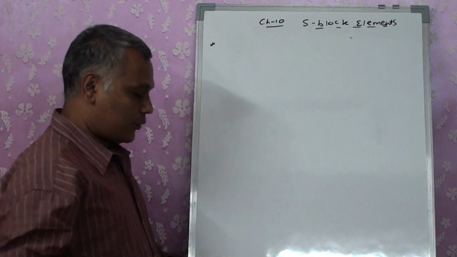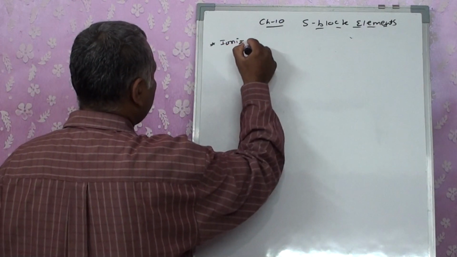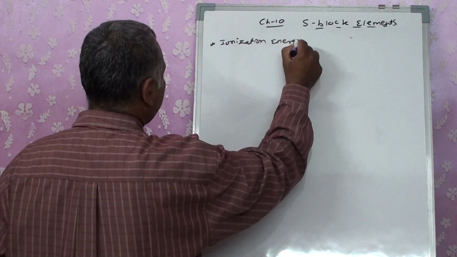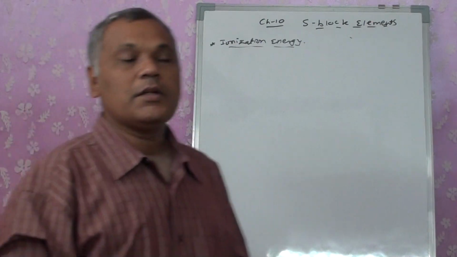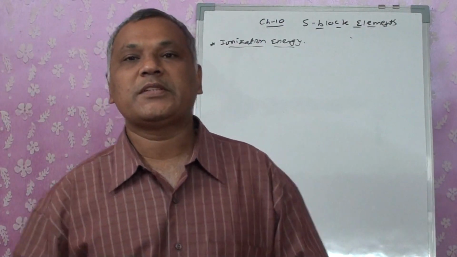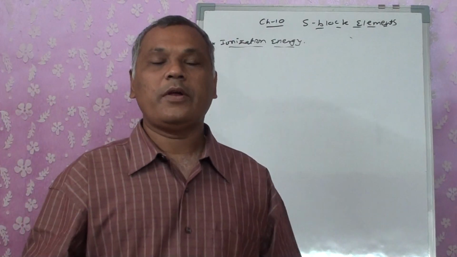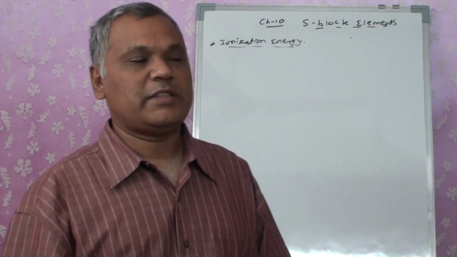Next we will be having ionization energy. The next point we will be discussing is... see, all these points we have already discussed as general trends in chapter number 3, right? Here we are studying it specifically for blocks, that means S block, P block, D and F. We will be having S block and P block in the 10th and 11th.